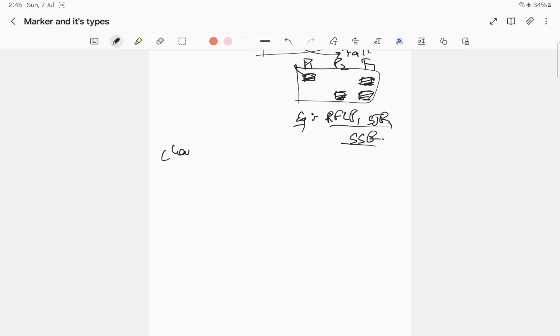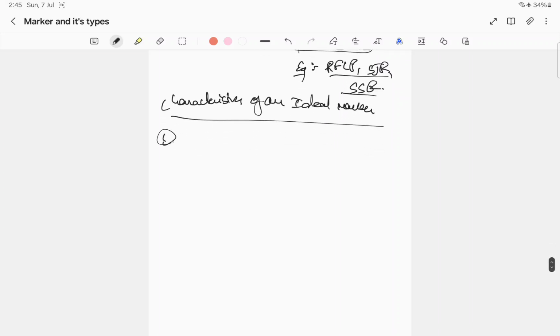Here come the characteristics of an ideal marker. The first point is that a marker should express a high degree of polymorphism. That is, each marker locus should have two or more alleles that occur at some frequencies in that population.